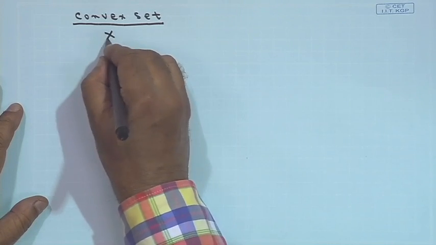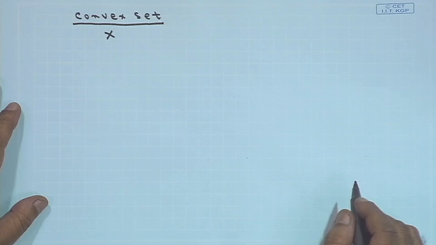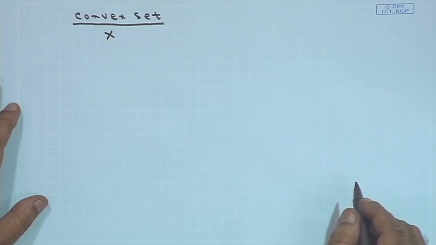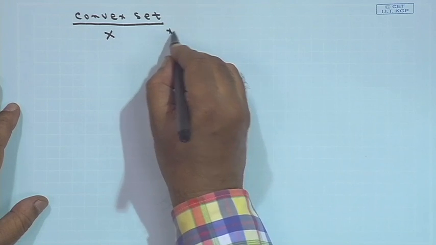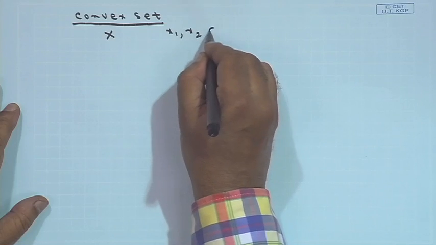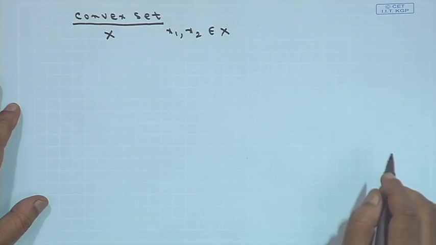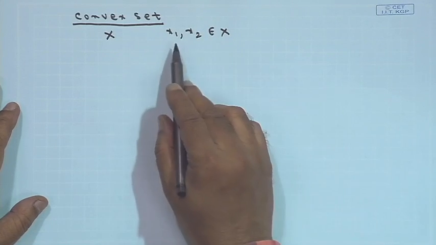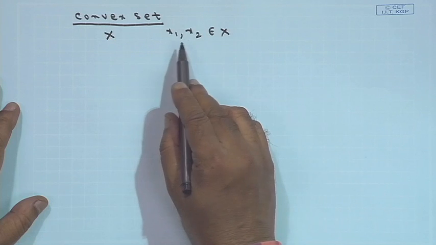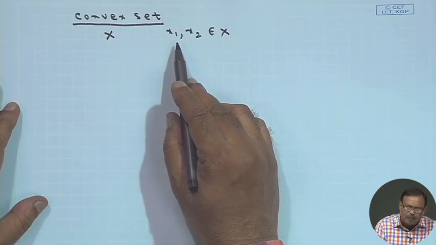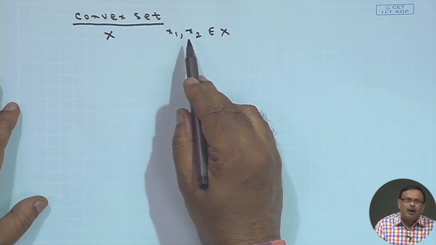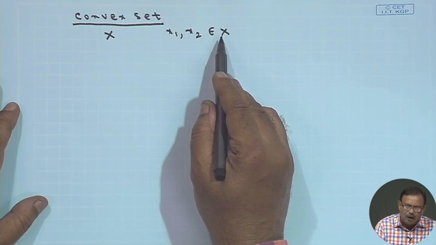You have a set X, we say that the set X is a convex set if we can find 2 points which belong to X, and if I join these 2 points x1, x2, the line segment you are obtaining will also lie in the set.